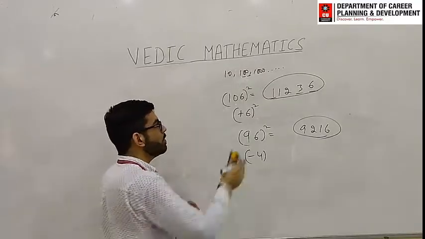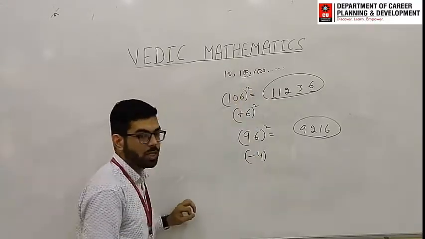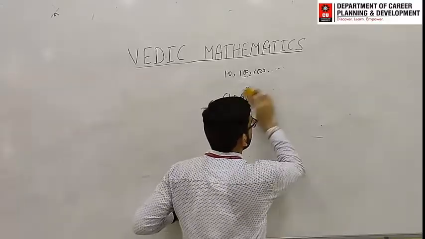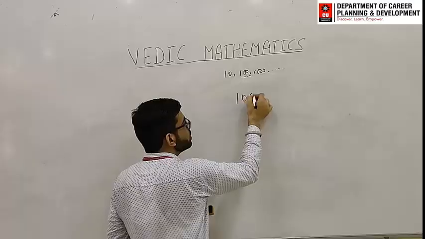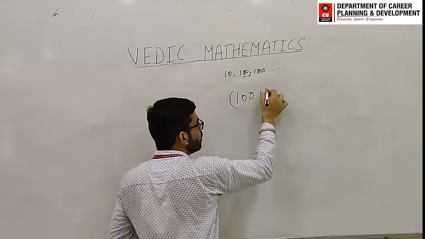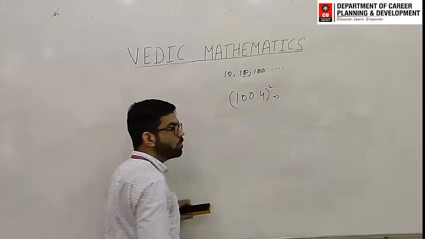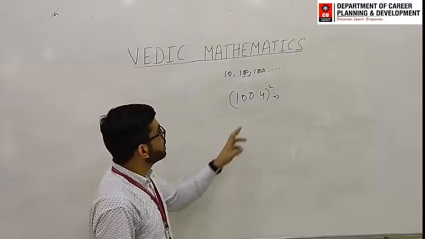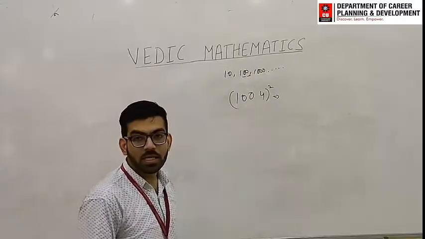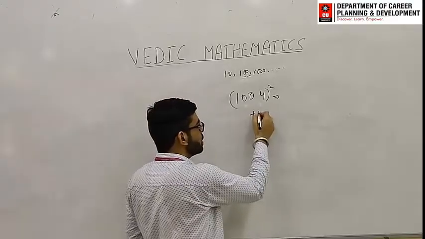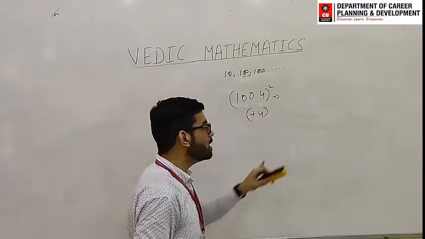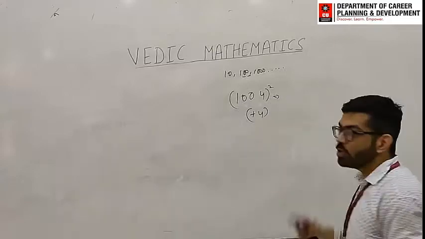Just see another example where numbers are near 1000. Suppose you have to find the square of 1004. This number is near 1000 and more than 1000 by 4, so plus 4 here. Again, the main part is: how many digits do you have to write?